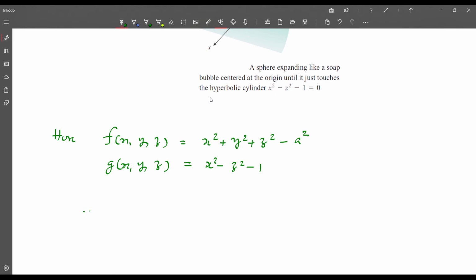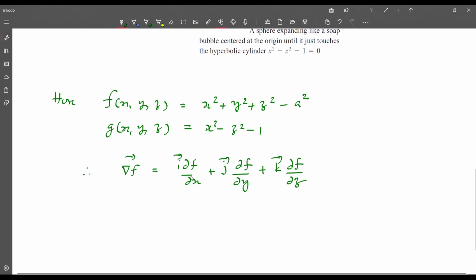Therefore, del f is equal to i dou f by dou x plus j dou f by dou y plus k dou f by dou z. Dou f by dou x is 2x, dou f by dou y is 2y, and dou f by dou z is 2z.